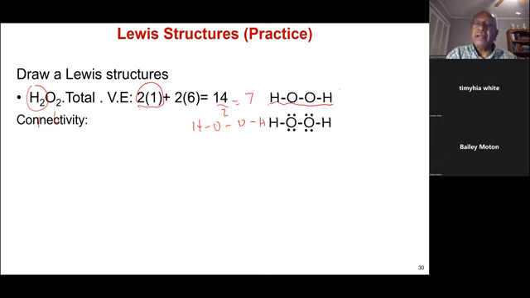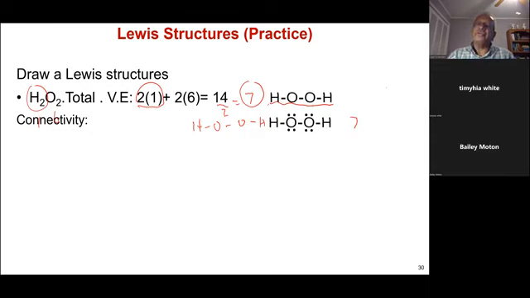Then there are 7 electron pairs. You have to put an octet on oxygen and a duet on hydrogen. So in this structure, there are 7 electron pairs or 14 electrons: 1 pair, 2 pairs, 3, 4, 5, 6, 7. The number of valence electron pairs or valence electrons should be shown on the Lewis structure.